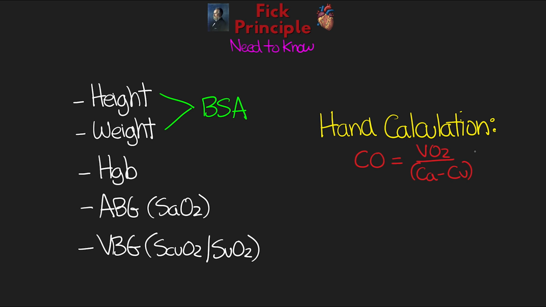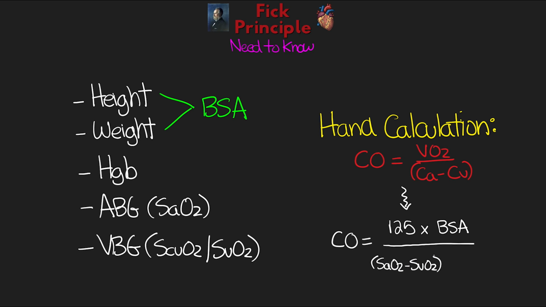So knowing some of the common substitutions that we do, we can then write this out as cardiac output is equal to 125 times body surface area divided by our SaO2 minus our SvO2 together multiplied by hemoglobin multiplied by 1.34 and then finally divided by 10. Now, that last division of 10 is really to get our answer from deciliters to liters for our final cardiac output.